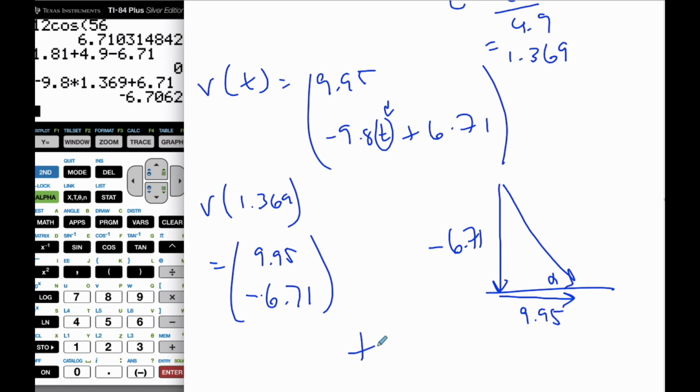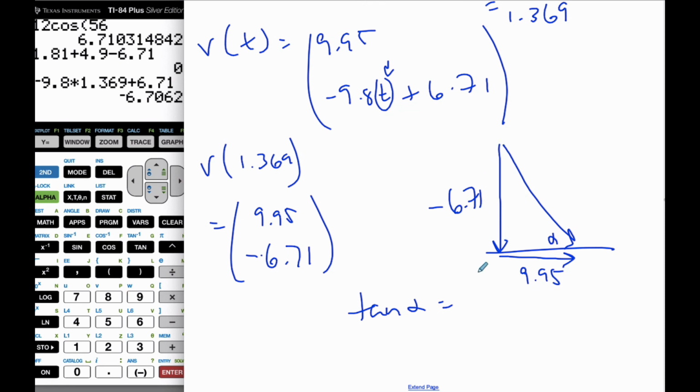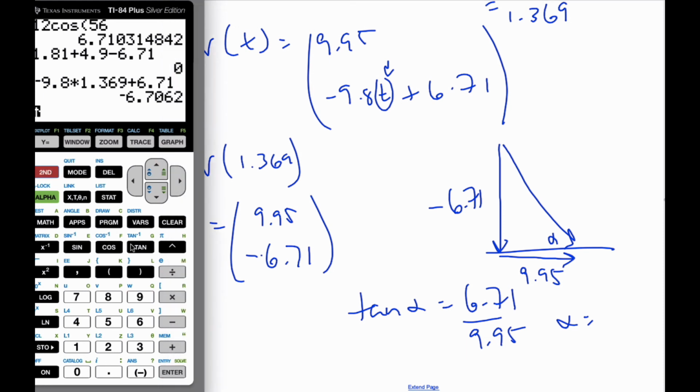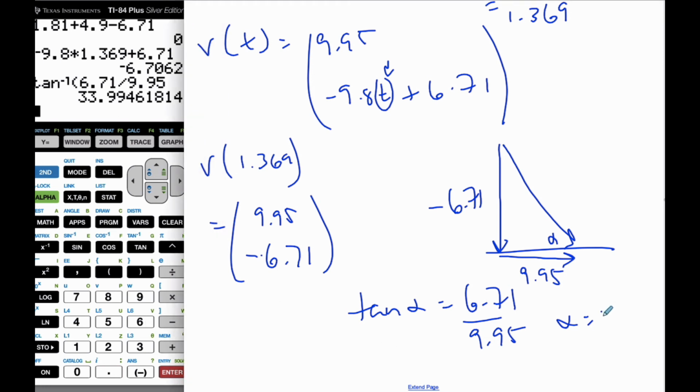And to find the angle, tangent of alpha, I'm going to ignore the negative because I'm just looking at the distance, is 6.71 over 9.95. And alpha then is, if I put that in my calculator, inverse tangent of 6.71 divided by 9.95, I get alpha to be 34 degrees.